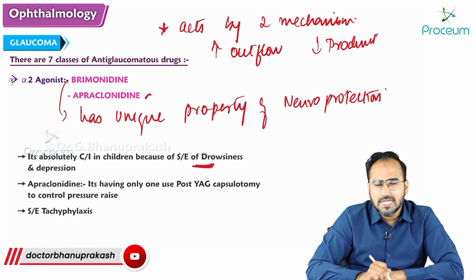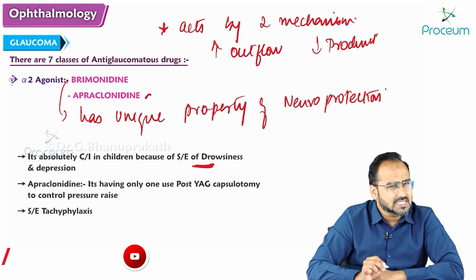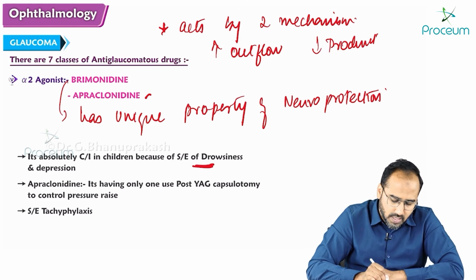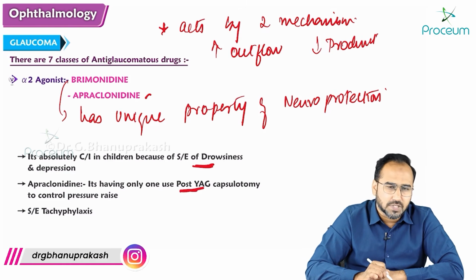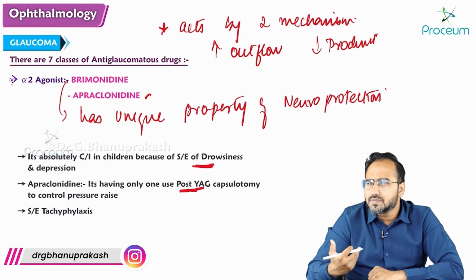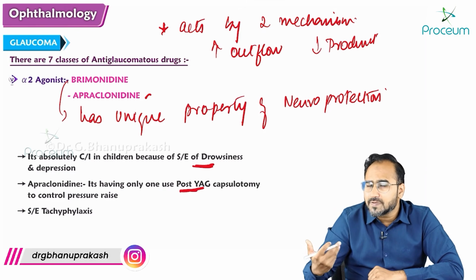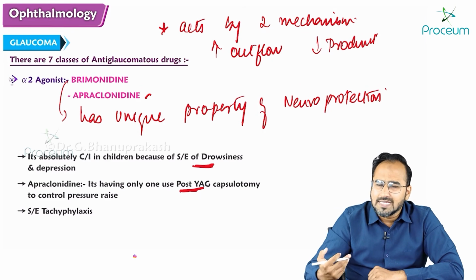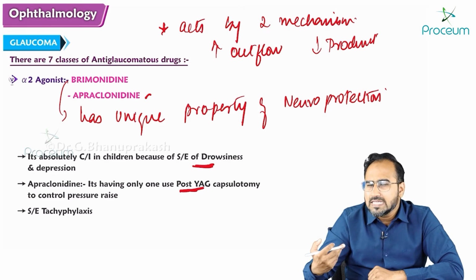Regarding apraclonidine, we haven't discussed. Apraclonidine is the drug that could be used for post-YAG capsulotomy. YAG laser is used for the management of after cataract. When you use YAG laser, sometimes the intraocular pressure increases much.